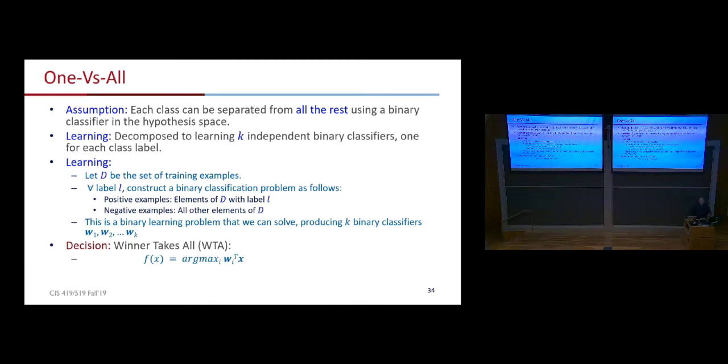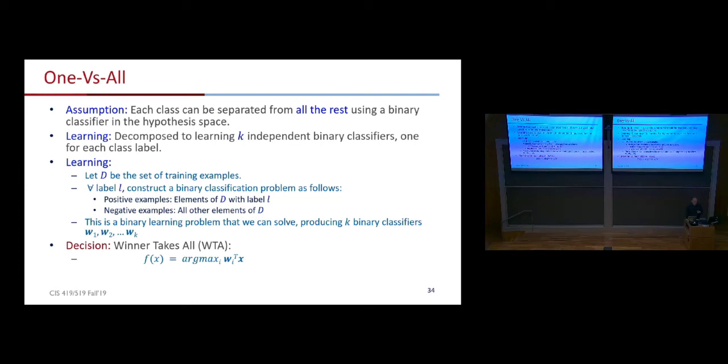I'm going to assume the binary classifiers are represented as weight vectors. So we're going to learn K weight vectors, W1 up to WK. And our decision is going to be an argmax decision. So I'm going to compute Wi dot product with X, and I'm going to take the argmax.